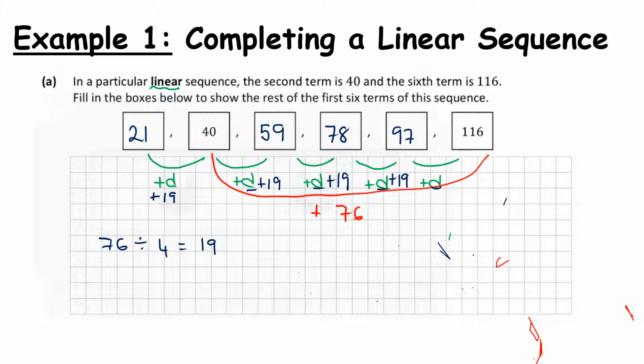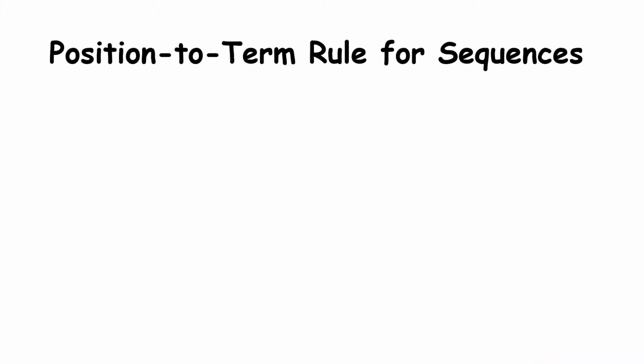And if we do 97 plus 19, we end up at 116, so we know that everything has gone right. So it's not necessary to have the first term. We might be given a term in the middle, and also if they give us 2 terms, knowing that it's a linear or an arithmetic sequence allows us to figure out that rule or what that common difference is.